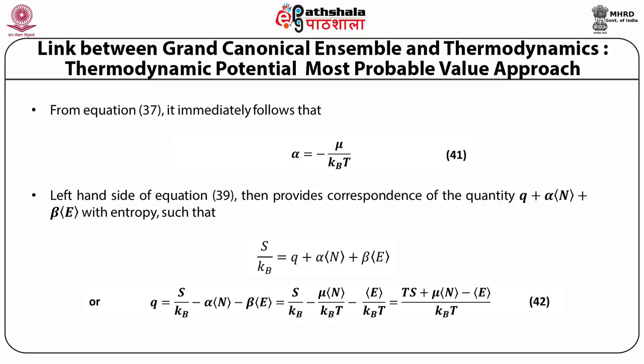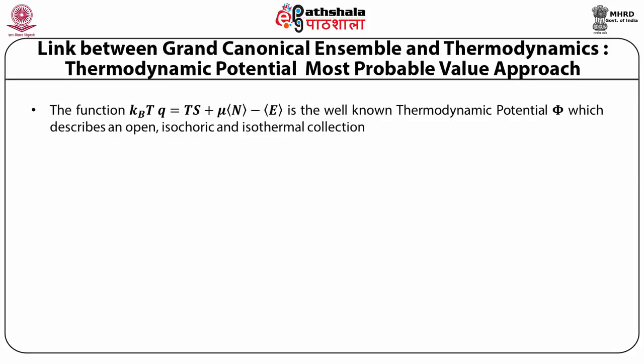which is equal to S upon kB minus mu upon kBT multiplied by the mean value of the number of particles minus the mean value of energy divided by kBT, which is equal to, on taking the LCM of the denominators, TS plus mu times the mean value of the number of particles minus the mean value of energy divided by kBT. The function kBT multiplied by Q is equal to TS plus mu times the mean value of the number of particles minus the mean value of the energy.